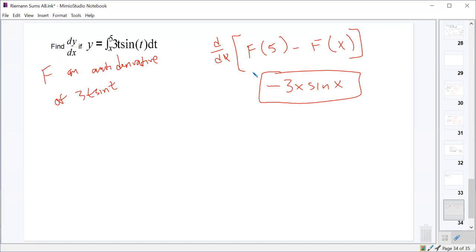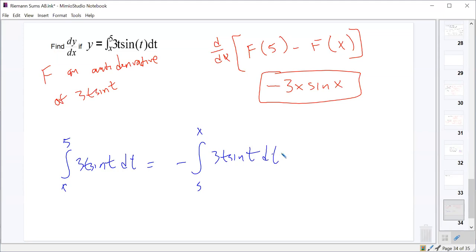Right. Or what we could have done is we could have used our rules to say that the integral from x to 5 of 3t sine t dt is equal to the opposite of the integral from 5 to x of 3t sine t dt, which now we know is just a constant to x, so we can just make that negative 3x sine x.